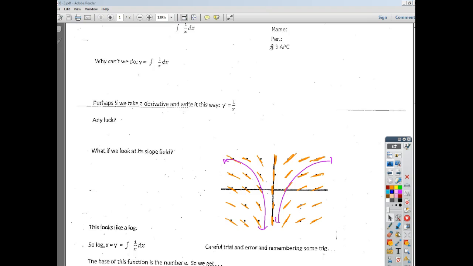This looks like a log of some sort. Log base something. Log base e, log base natural. Somewhere about the 1800s, a bunch of mathematicians got together and tried to figure out log base what? 10.